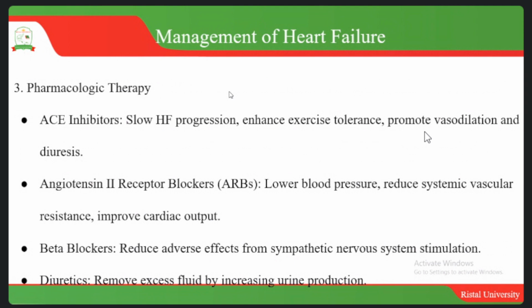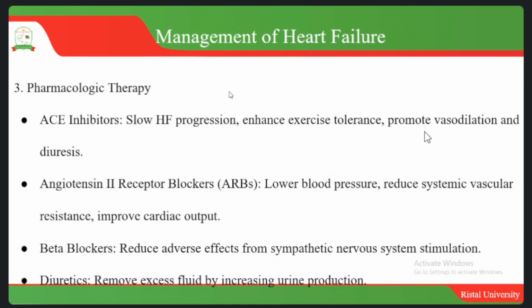If you don't use these drugs, then it will cause increased blood pressure. It will also lead to increased systemic vascular resistance, and it will also affect the cardiac output. But when we have these receptor blockers, they will always block the receptors where angiotensin 2 would bind and cause an effect on the blood vessels.